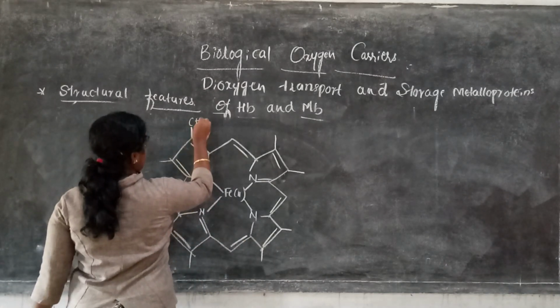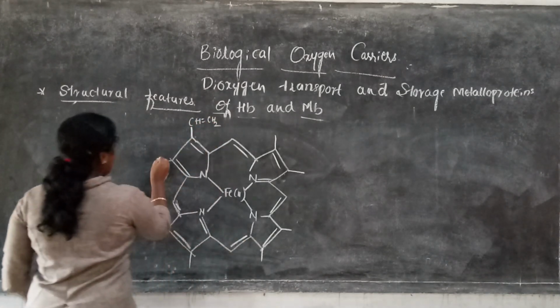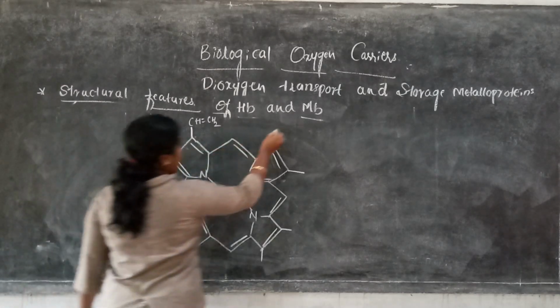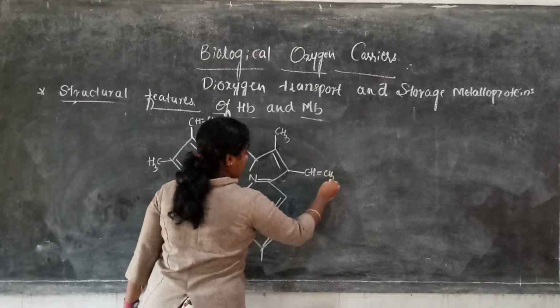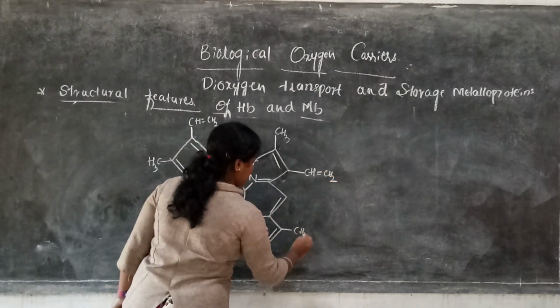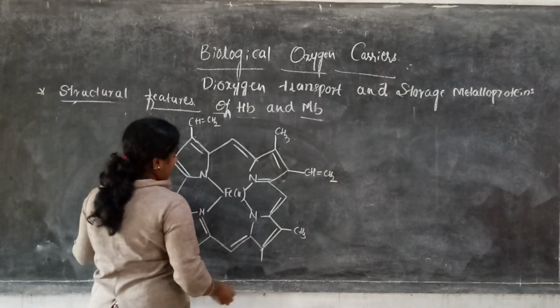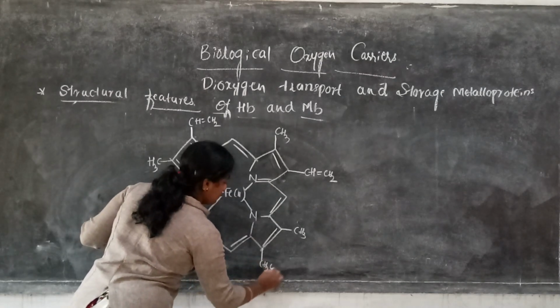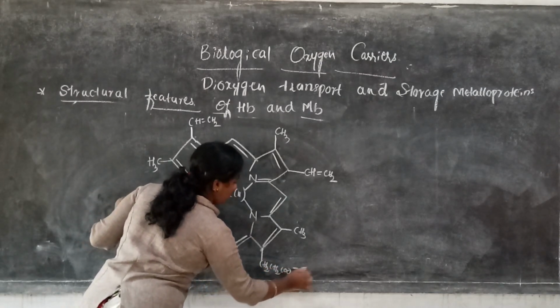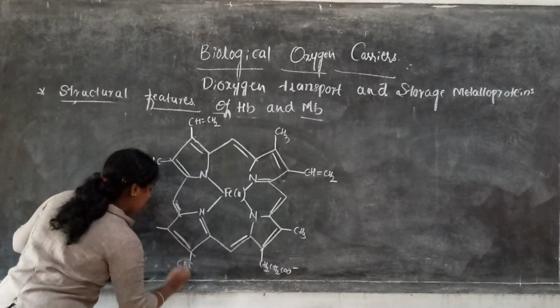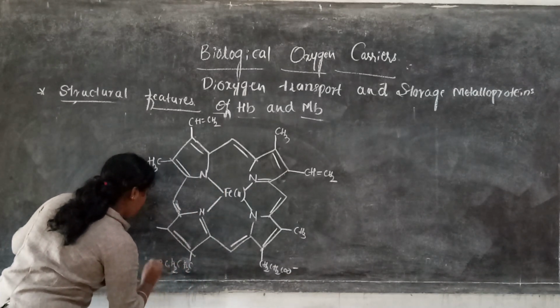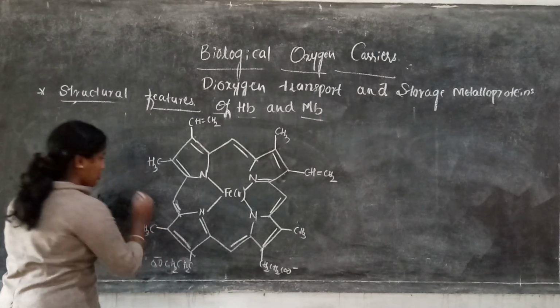Here CH double bond CH2, CH3, CH3, CH double bond CH2, here CH3. Then CH2, CH2, COO minus. Then here also CH2, CH2, COO minus and CH3.